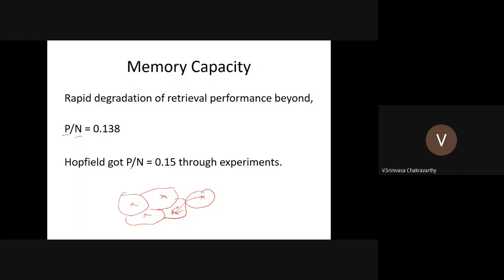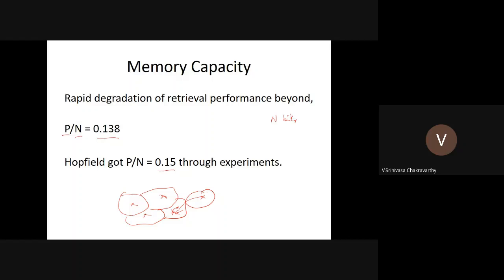Hopfield studied the same problem, but purely from a numerical, empirical point of view, just by doing lots of simulations, and found that for a p/n ratio of greater than 0.15, the retrieval performance is very bad. Subsequently, people did some theory and showed that the exact ratio is 0.138, and beyond that, retrieval performance is quite bad. And you can easily see that this ratio is pretty low. These are binary vectors, and I'm trying to store n bits.